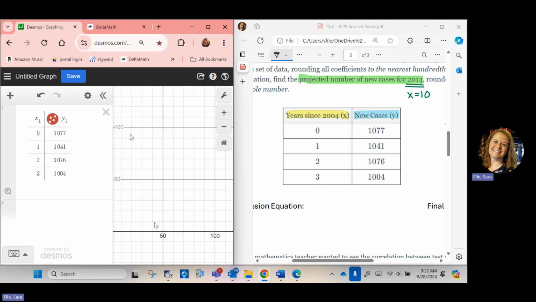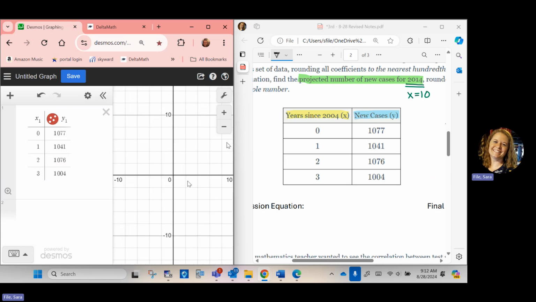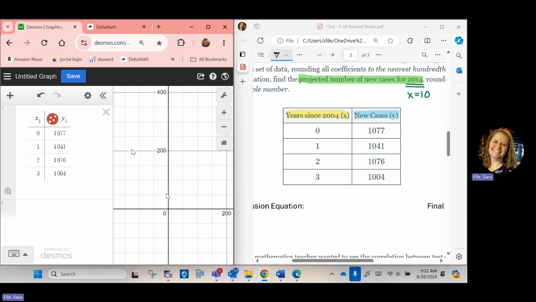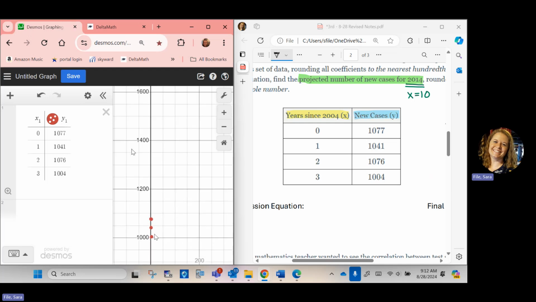Now, your graph is probably here, 10 by 10, positive 10 to negative 10. And so you don't see anything because look how big these numbers are. These are huge. So if you want to see, scroll out, and your graph is actually plotting those points.